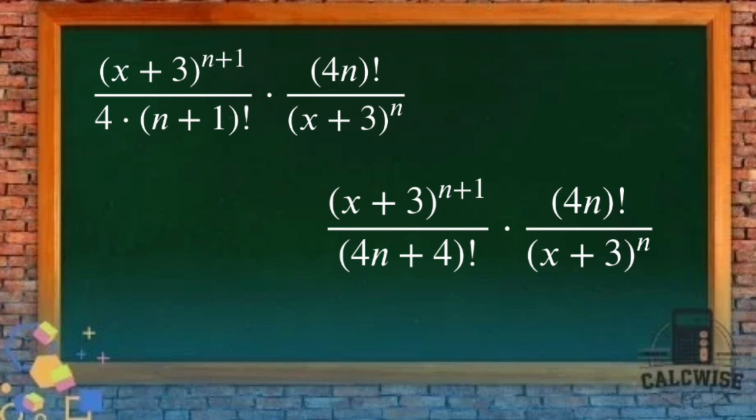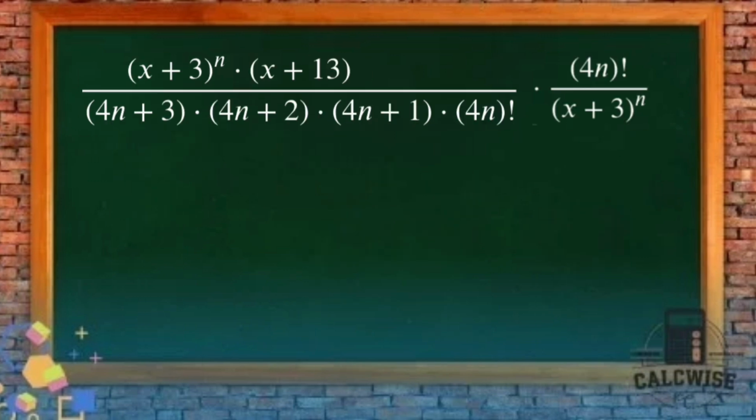We're going to change division to multiplication, so we get the reciprocal of the second fraction: (4n) factorial all over (x plus 3) raised to n. Next, we are going to expand the factorial of 4n plus 4, which is (4n plus 4) times (4n plus 3) times (4n plus 2) times (4n plus 1) times (4n) factorial.